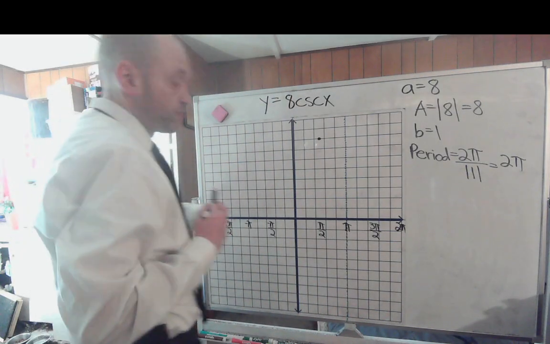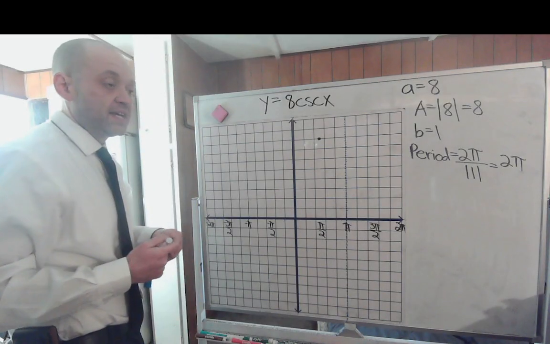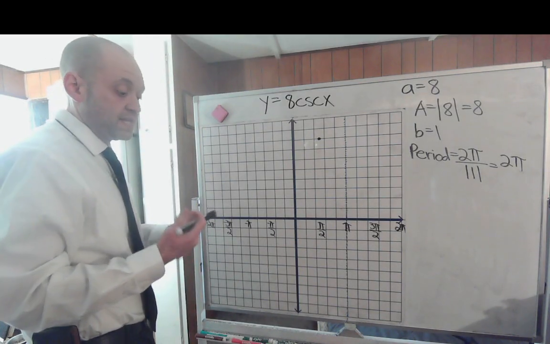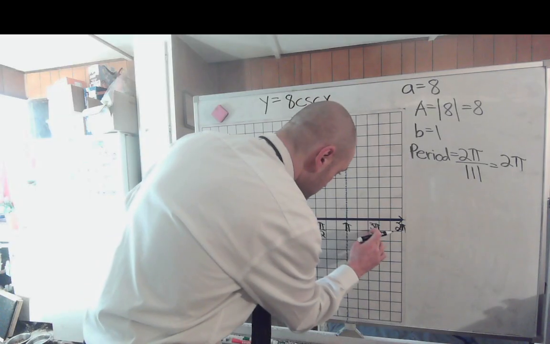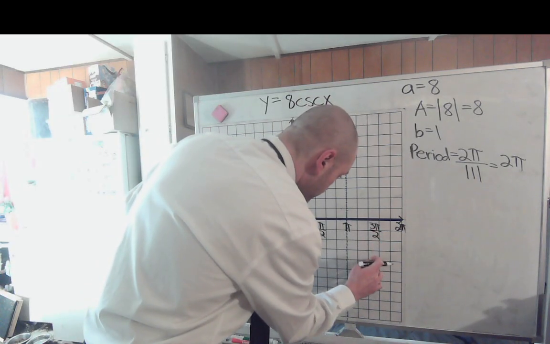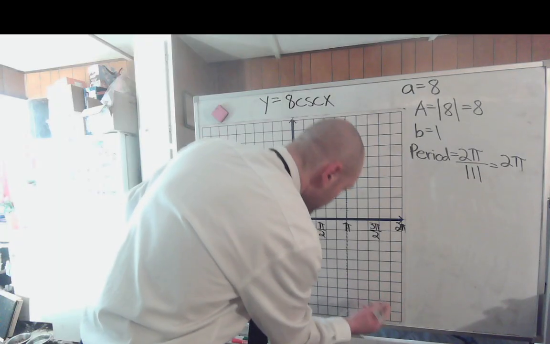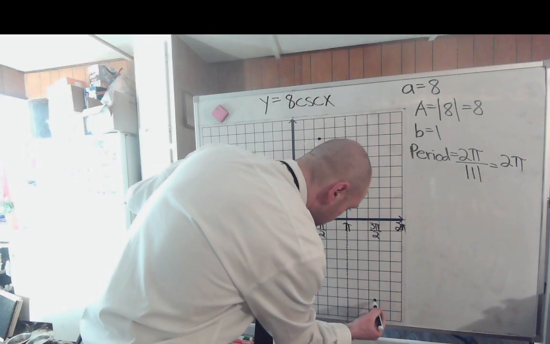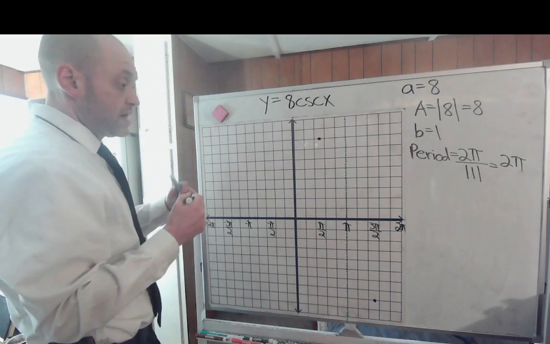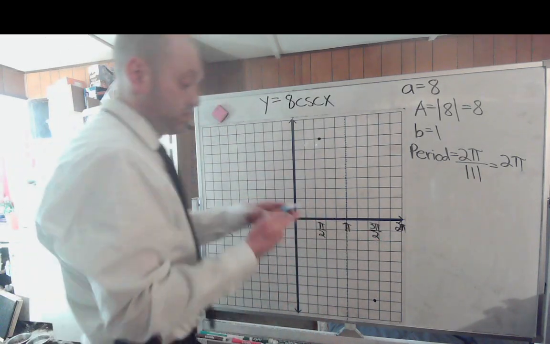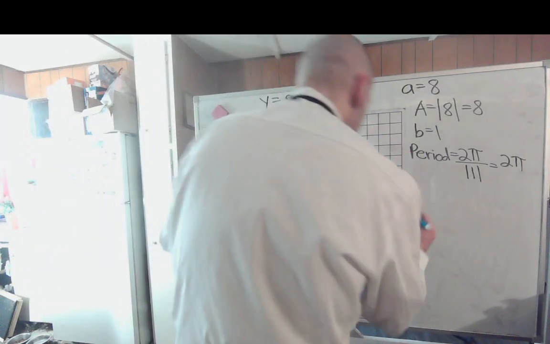All right, then what about 3 pi over 2? Your cosecant is negative 1 times 8, which is negative 8. So there's negative 8 all the way down here. And then at 2 pi, your cosecant is once again undefined.